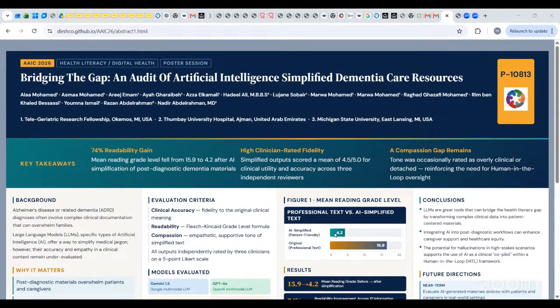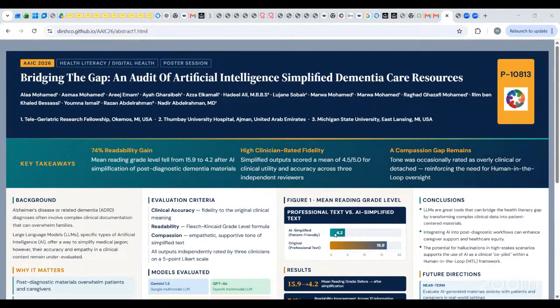We asked all these models to translate professional dementia care information into patient-friendly language. And we found that these models can make dementia information easier for patients and caregivers to understand while maintaining clinical accuracy. However, we found some generated responses too clinical or lacking an empathetic tone.